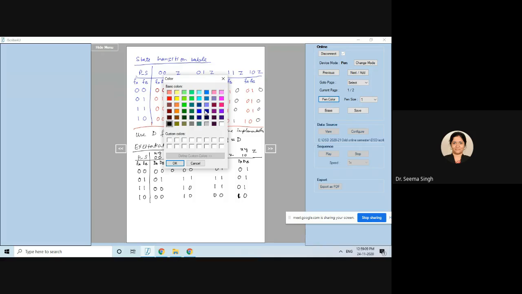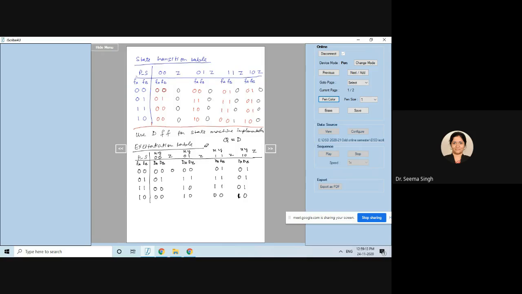Okay. Now, of course, again I have to write my Z. Z is not an input, Z is an output. In all the cases Z was 0, only in one case Z was 1. I hope this is clear. Now, the most important work: writing the decimal notation for each excitation variable and output.